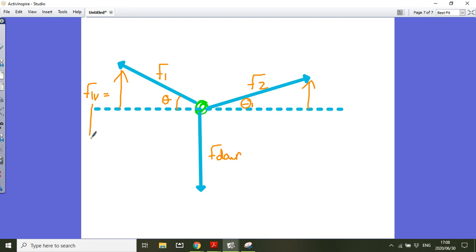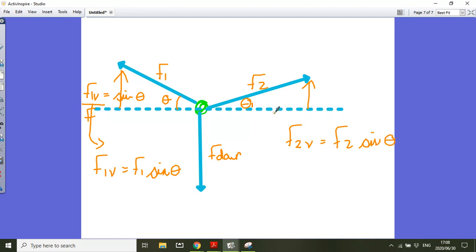So F1 vertical over F1 is equal to sine of theta. You don't have to put that step in. You can go straight to F1 vertical is F1 times sine theta. And on this one, F2 vertical is equal to F2 sine theta. It's not always sine. Please just look at your triangle.